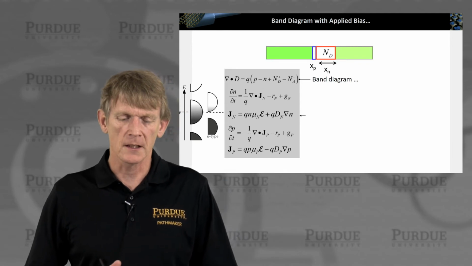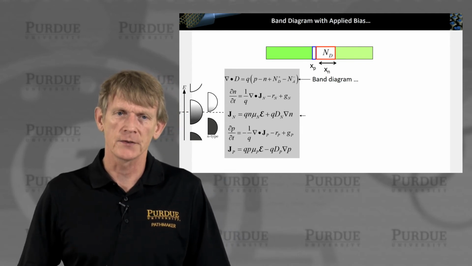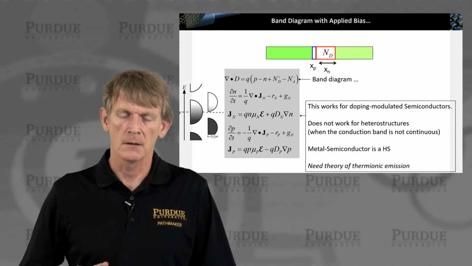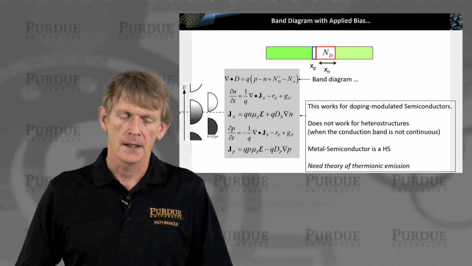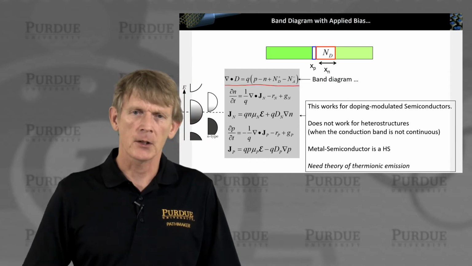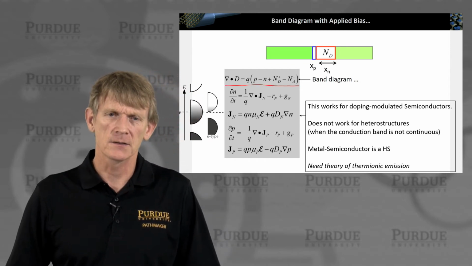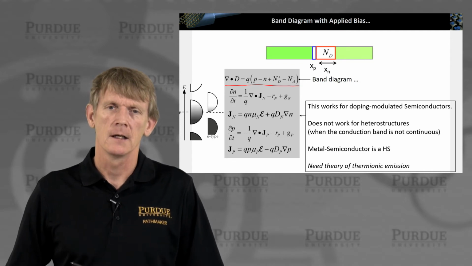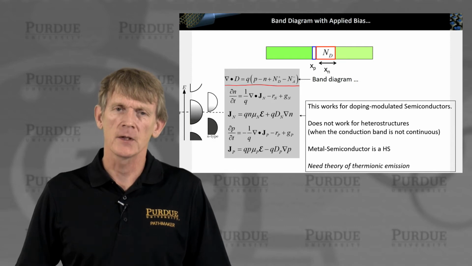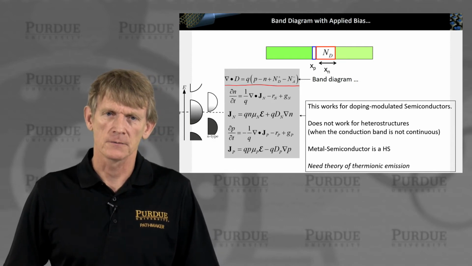So, of course, we'll start out with Gauss's law again, or Poisson equation, and do this under bias. Now, in a sense, our by now well-known semiconductor equations are not so useful right away because they deal really with a system that does not consist of heterostructures.